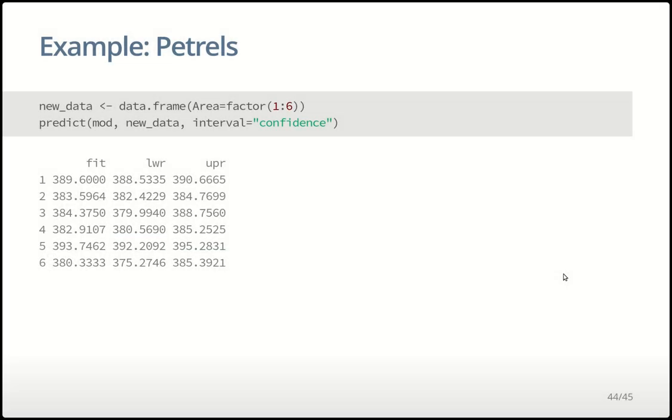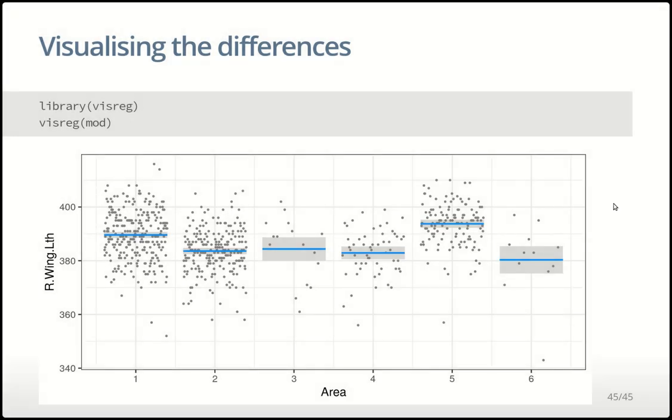We can also visualize those differences with VisReg, which again you'll be looking at in lab 2. If you run VisReg on your model, then you get this output here. Because we've got a grouping variable, we've got the areas along the x-axis, the 5 levels, and your estimate of the mean in each group is the blue horizontal line, and your estimate of the uncertainty is the grey band.